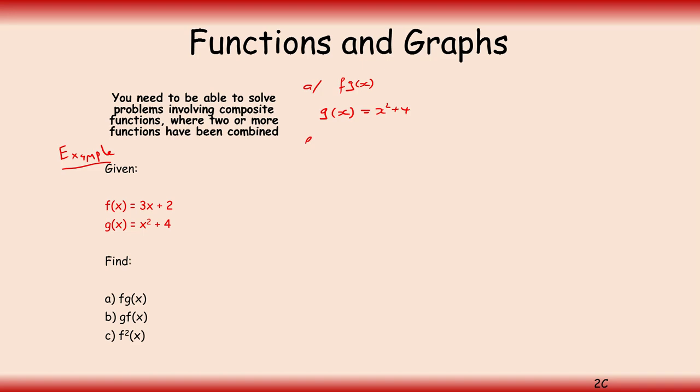So that means that f of g of x, I'll use the brackets for now, is going to be equal to, the function f of x is 3x plus 2, so that becomes 3, and wherever we've got x becomes g of x, so that's 3 times x squared plus 4, plus 2, which is equal to 3x squared plus 12 plus 2, which is equal to 3x squared plus 14. And that's your f of g of x.